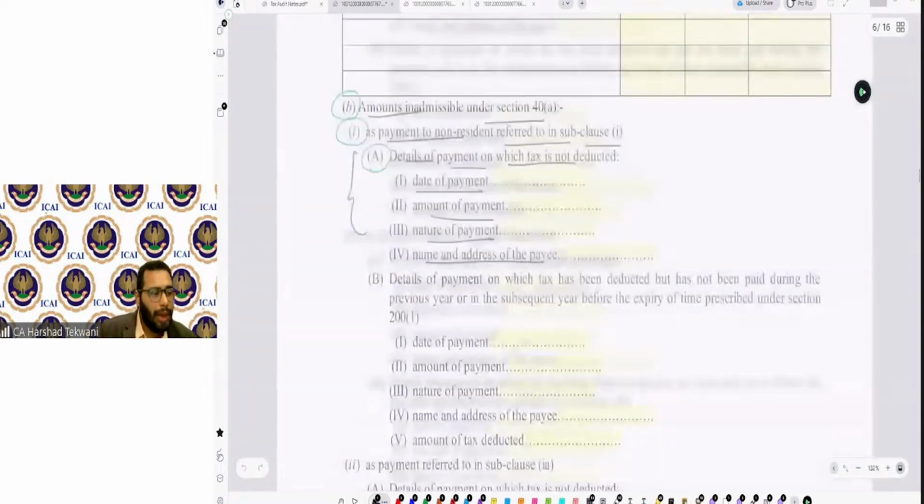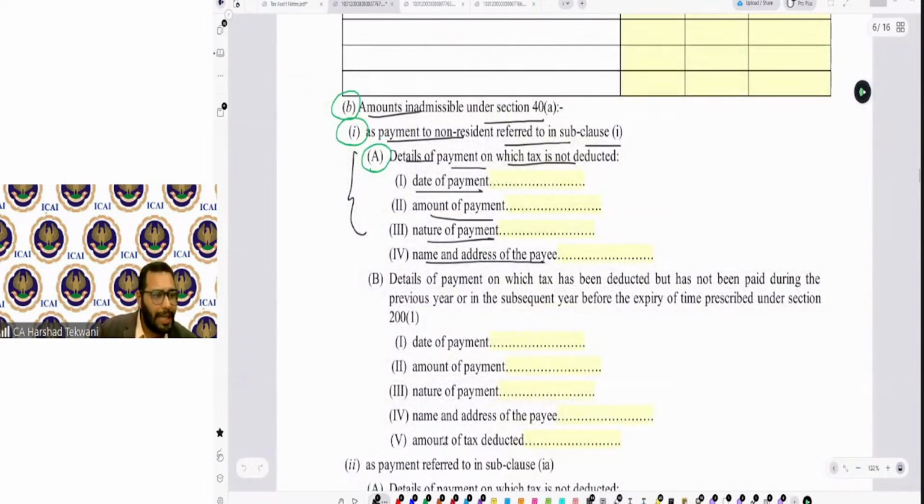The next clause, B part of this, talks about details of payment on which tax has been deducted but not been paid during the previous year or in the subsequent year before the expiry of time limits prescribed under Section 201.